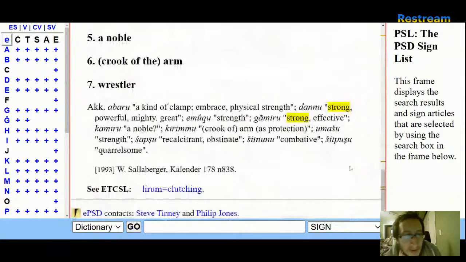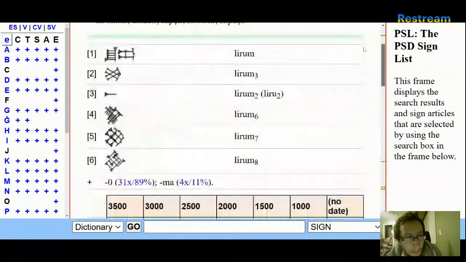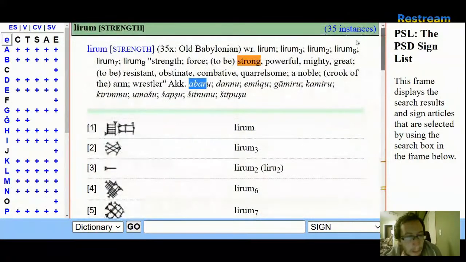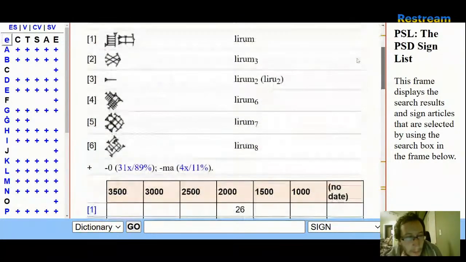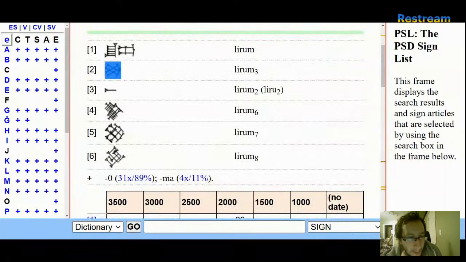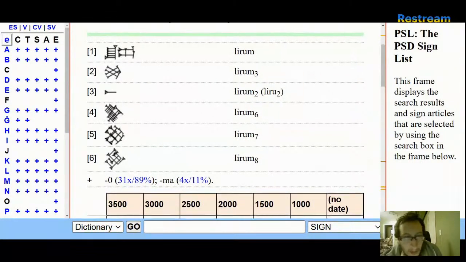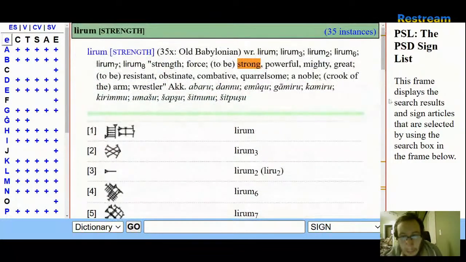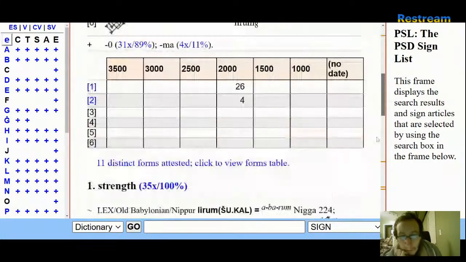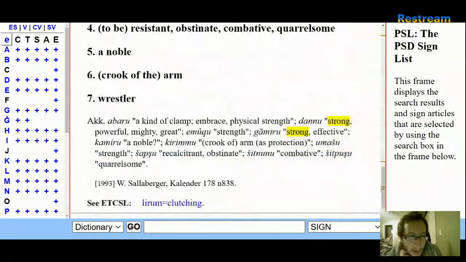By the way, sometimes the same Sumerian word can be translated or interpreted with different Akkadian words. So this is saying that this one word, lerum, well, first of all, lerum could be spelled all these different ways. But then it can also mean these different things. It can mean abar, dan, which is strong.